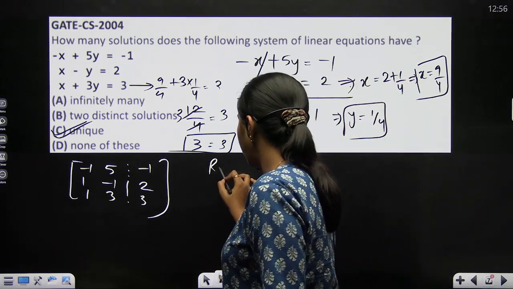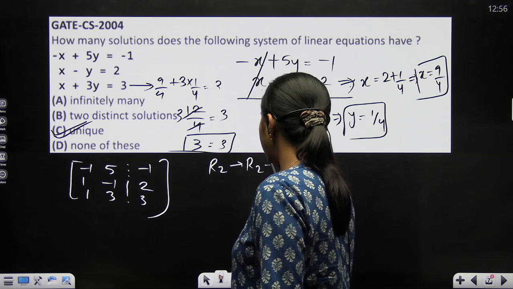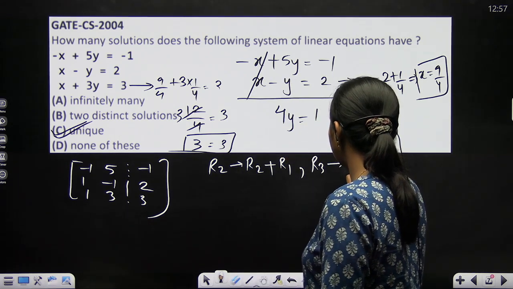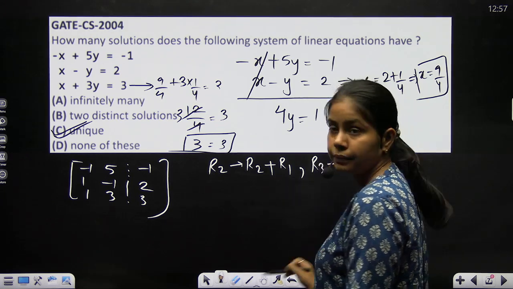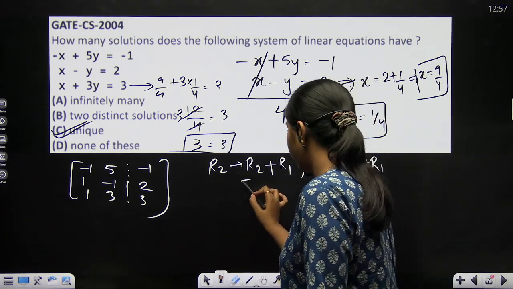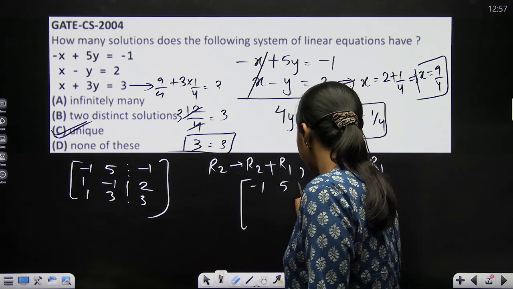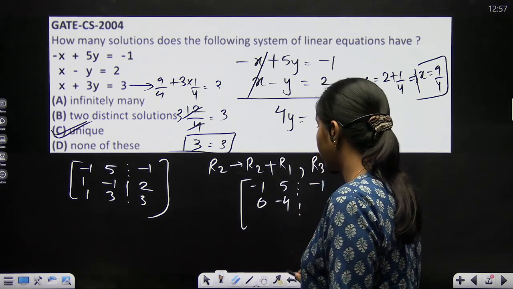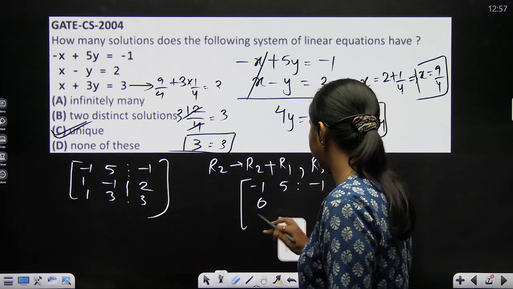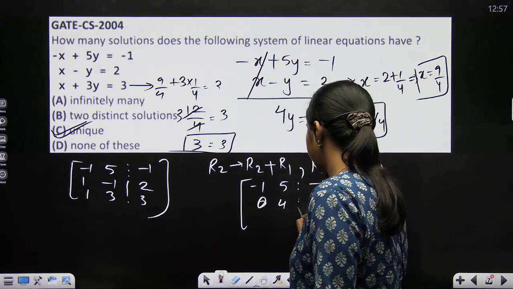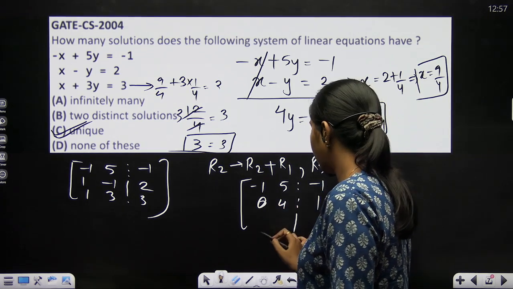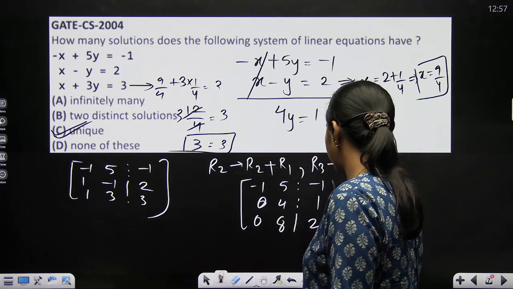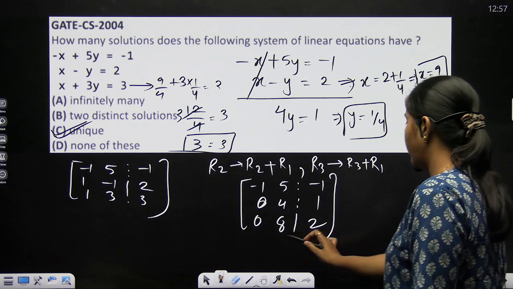So I'll apply R2 tends to R2 plus R1, comma R3 tends to R3 plus R1, right? So what would it become? -1 5, -1 0, 4, 1 0, 8 2, right?